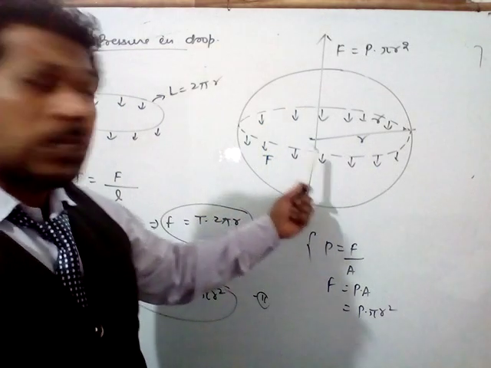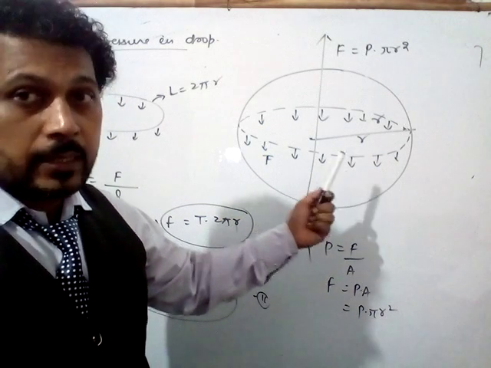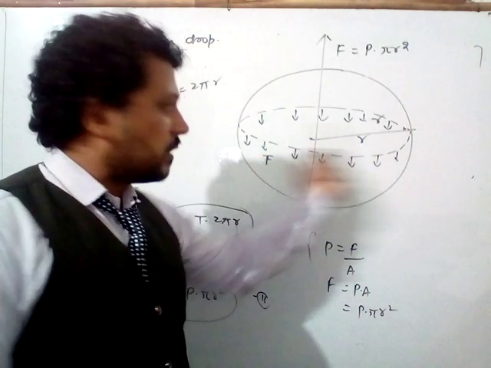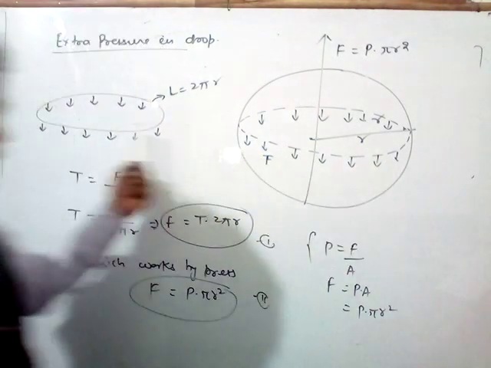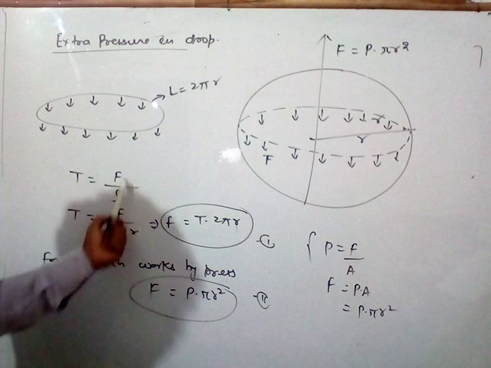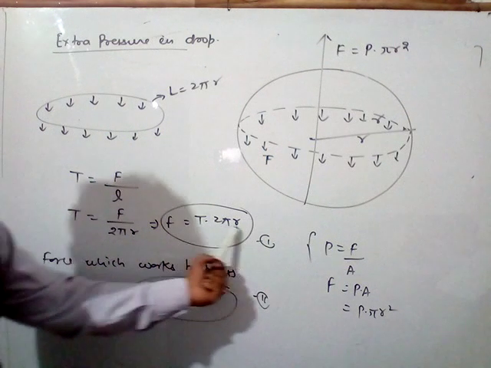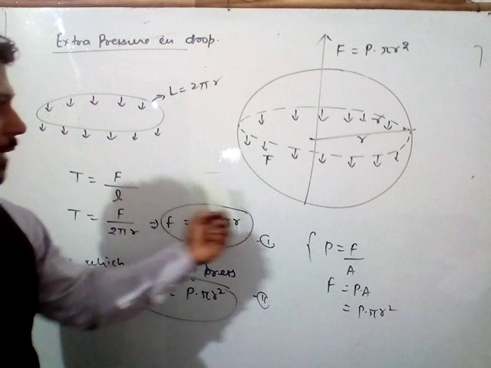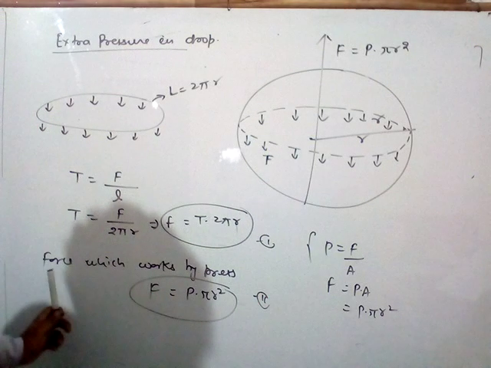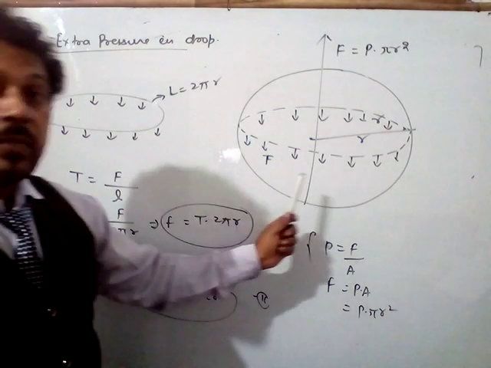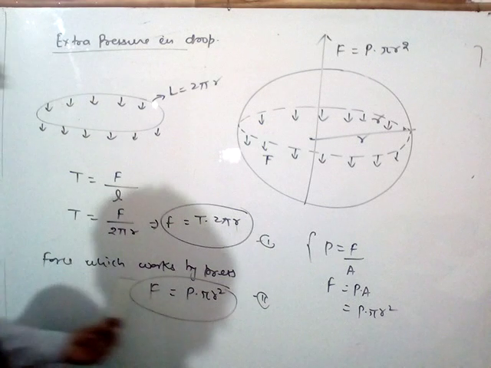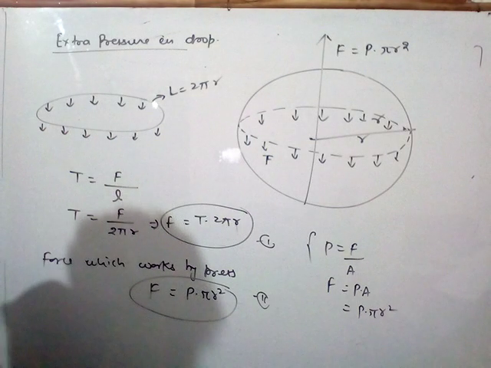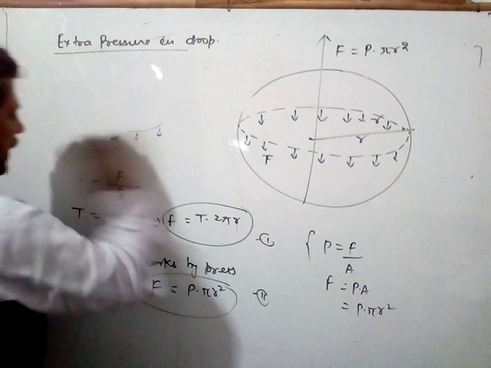Here the surface tension of this liquid drop is T. So the force which acts on this whole circumference due to the surface tension: T equals F by L, so F is equal to 2 pi r into T, where 2 pi r is the circumference length. And the force which acts due to the extra pressure: P equals F by A, so F equals P into pi r square. Both will be balanced by each other.